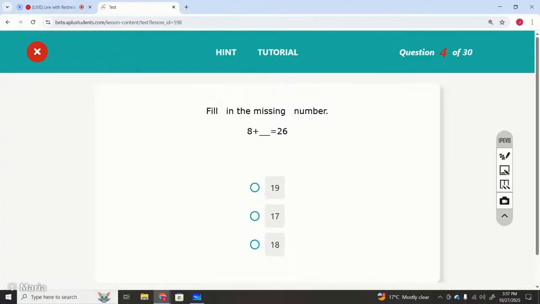Option number 3 is the correct option. That is 8 plus 18 makes 26. Option number 3 is the correct option.